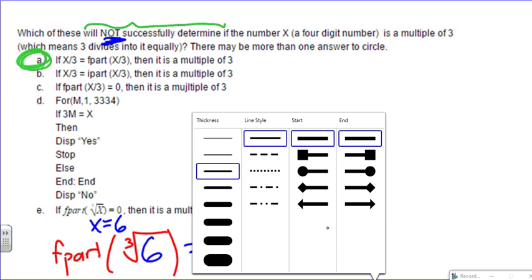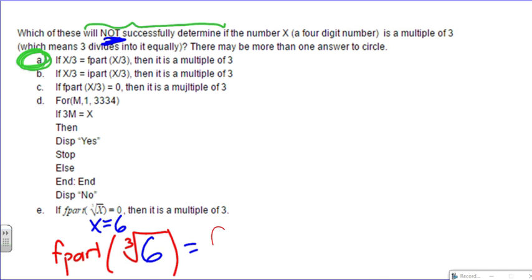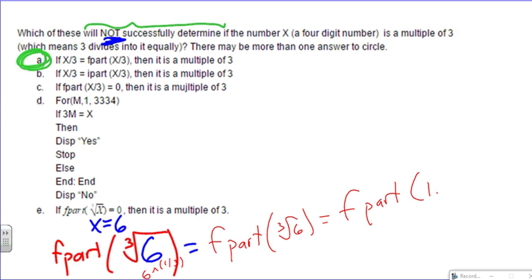This is asking basically for the fractional part of the cubed root of x, which is the same thing as x raised to the 1/3 power. Which is the fraction part of 1.817 approximately, which is approximately 0.817. That's the fractional part. Well, x is a multiple of 3. 6 is a multiple of 3. And the fractional part isn't 0. So E isn't going to work.